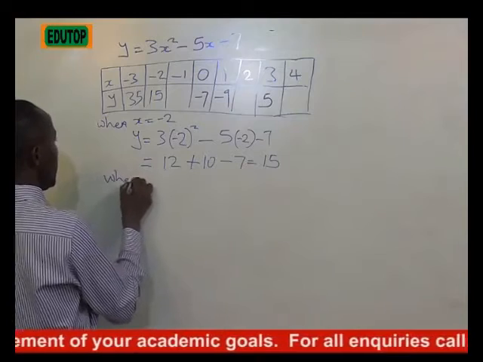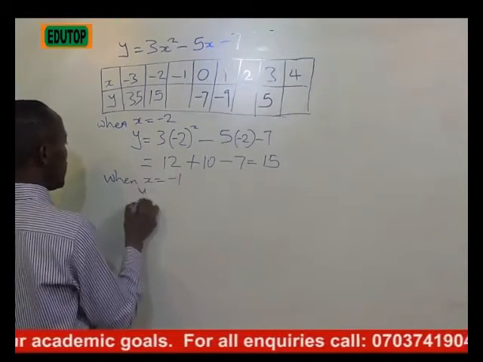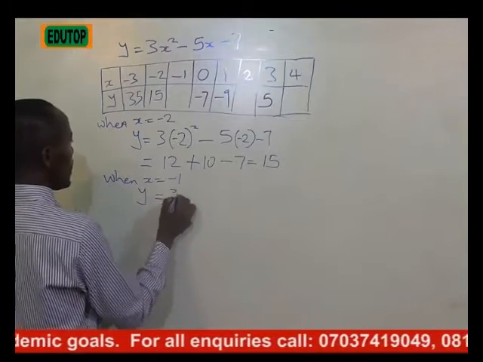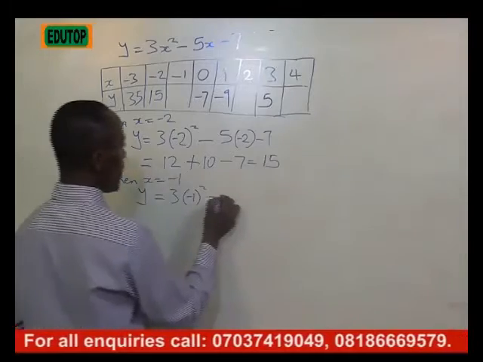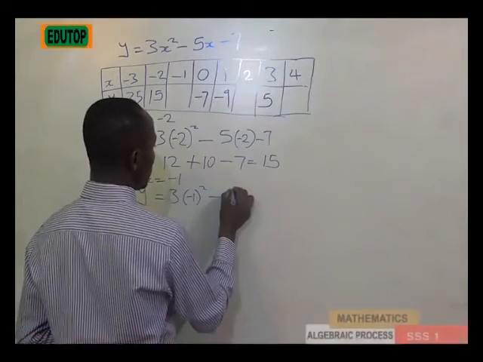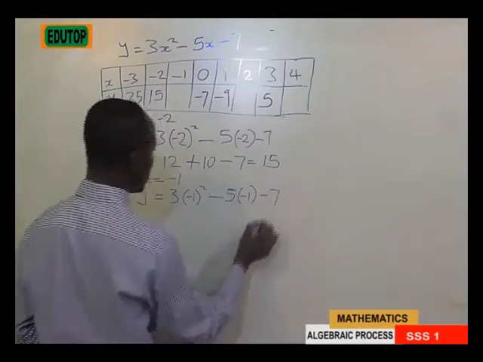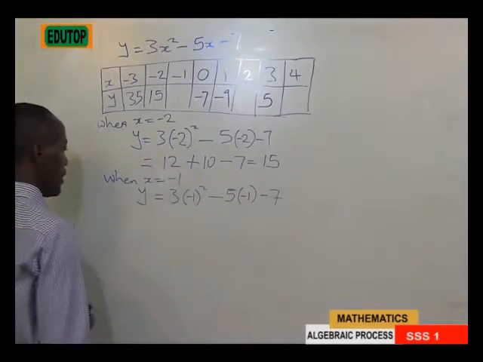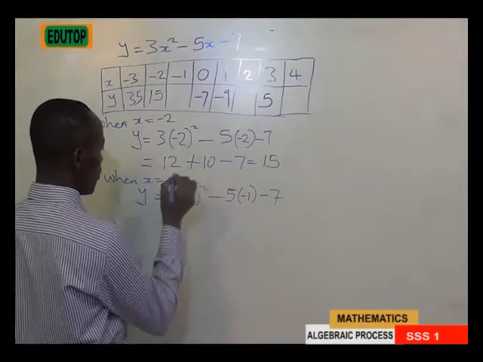When x is equal to minus 1, our y is equal to what? 3 into bracket minus 1 squared minus 5 into bracket minus 1 minus 7. Here, minus 1 times minus 1 will give us 1.